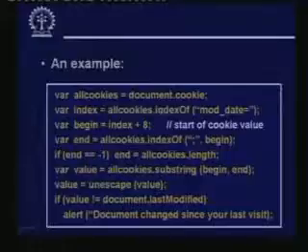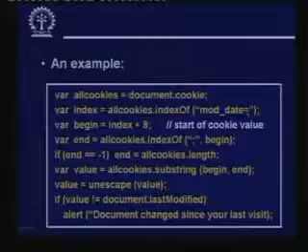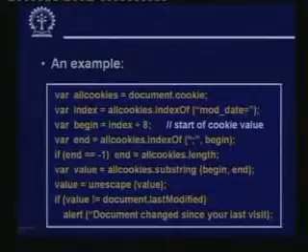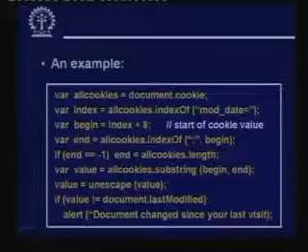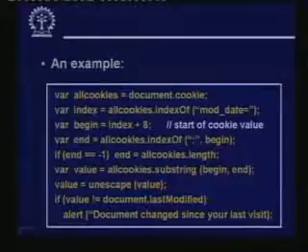We are invoking the index of method, and we are searching for the string mod underscore date equal to, because this is the name of the cookie we had given and this is the string we are searching for in the cookie. Somewhere we would be getting this particular string and that index is returned by this function.